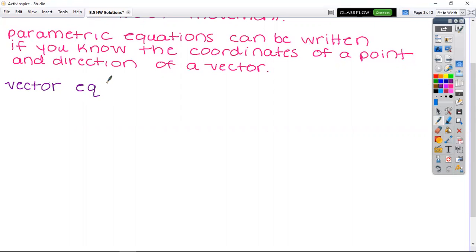So your vector equation, directly off your formula sheet, is going to be x minus x1, the little subscript, and then y minus y1, equal to a lowercase t multiplied by a sub 1, comma a sub 2. And again, we're talking about movement here, so that's why you're going to have t, which is going to stand for time, as your independent variable.